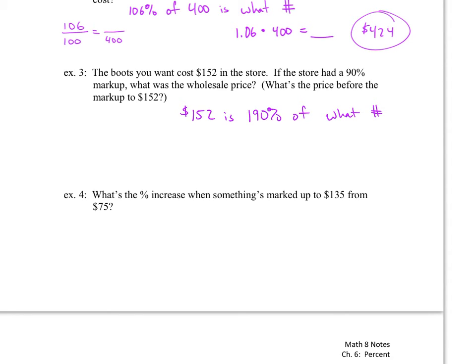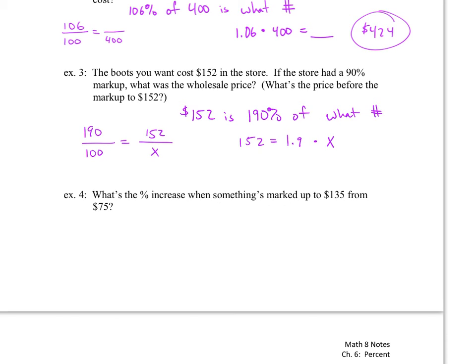Because 152, is that going to be our whole or not our whole? It's not our whole because it's our new number. So 190 over 100, there's my percent, equals 152 over X, or over blank. If you're a number sentence person, 152 equals 1.9 times X.